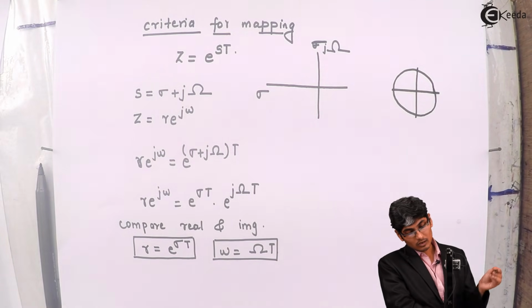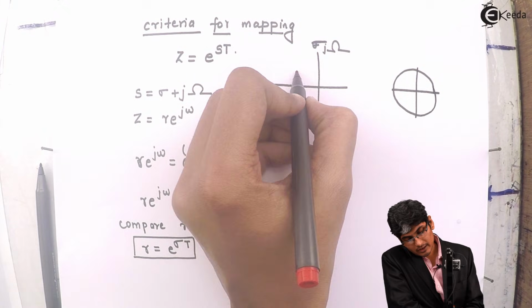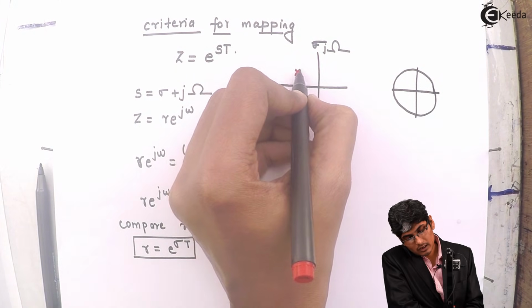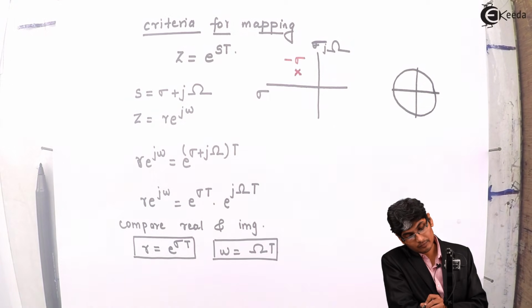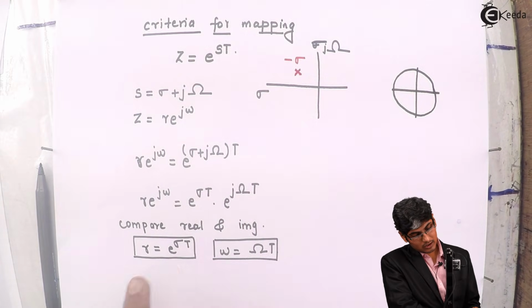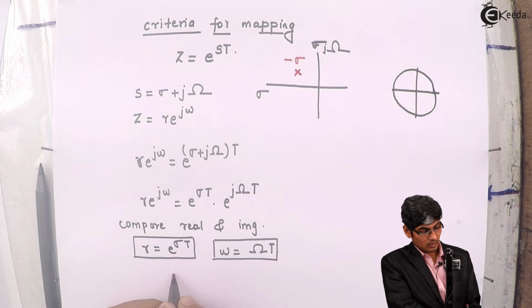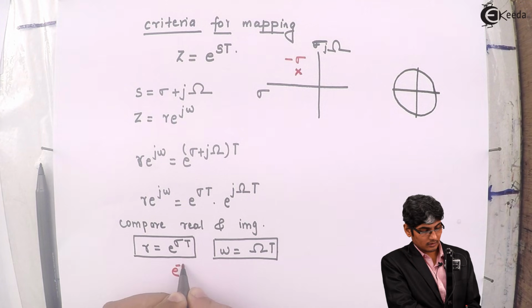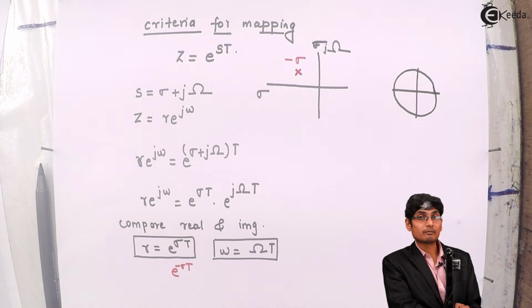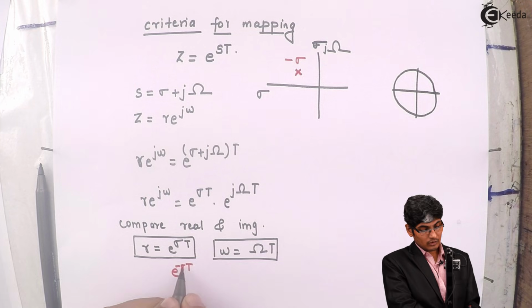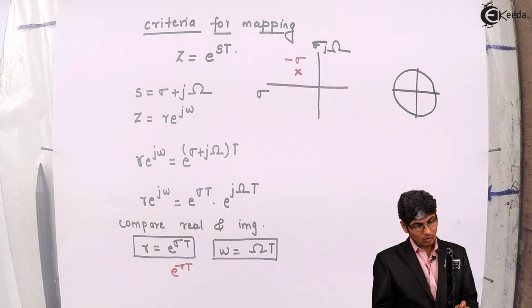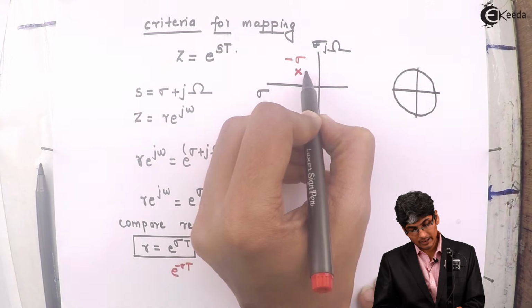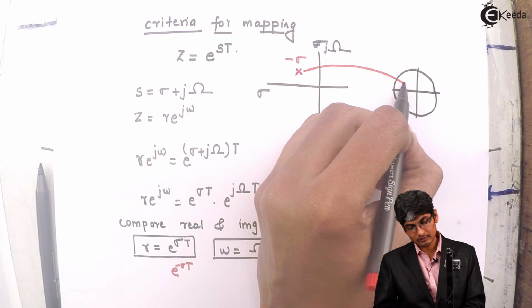Now suppose I place a pole on the left-hand side of the s plane, so this becomes minus sigma. If I put minus sigma over here, it becomes e raised to minus sigma T, which will be mapped inside the unit circle.